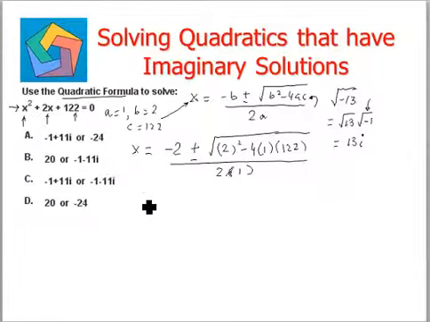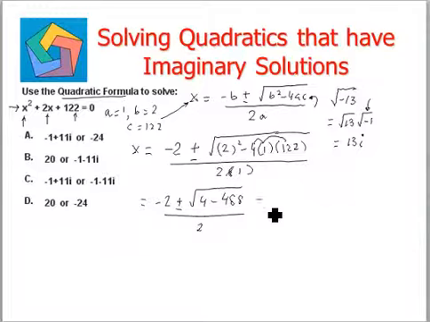This is equal to negative 2 plus or minus the square root of 2 squared, which is 4, minus 4 times 1 times 122, which is 488, divided by 2.